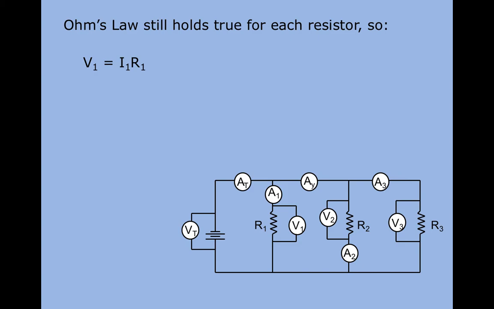Now, in a parallel circuit, we know that the total voltage is going to equal the voltage over each branch. So I know V1 is 200. I know the resistance of R1, and I can solve for I. I get 2 amps. So I recommend that you pause the video, and try to do the same thing for resistor 2 and resistor 3. Determine how much current is going to travel through each branch.